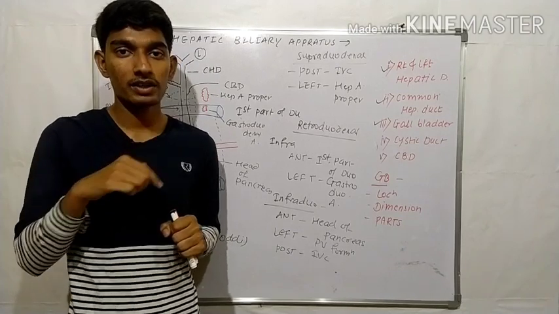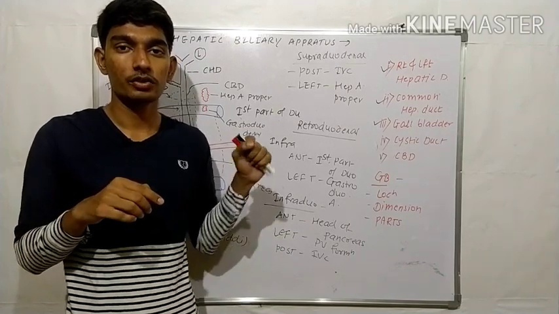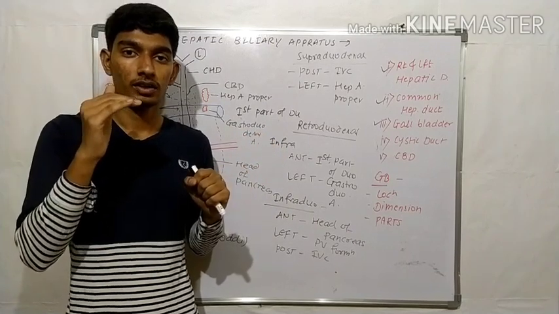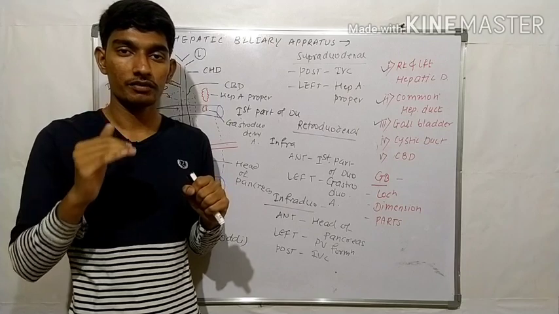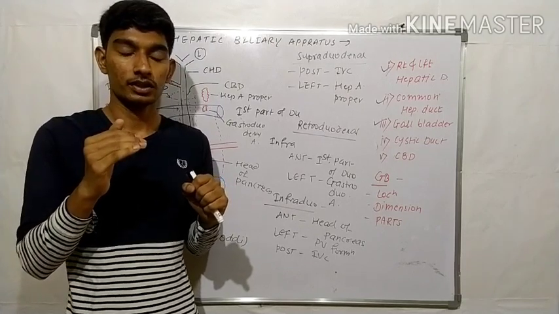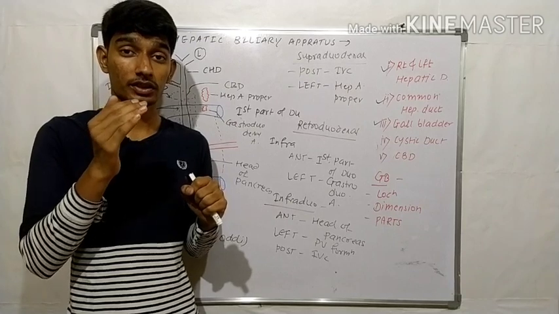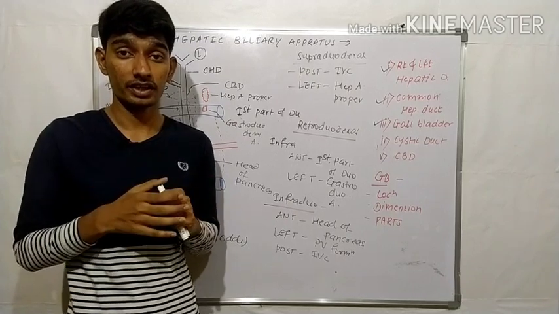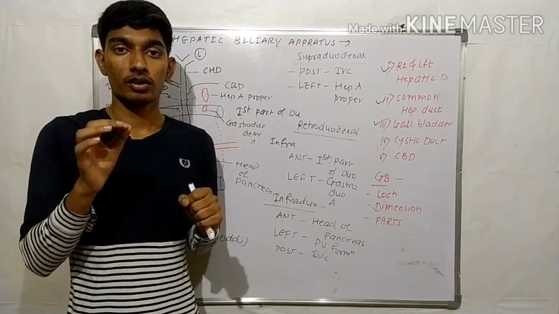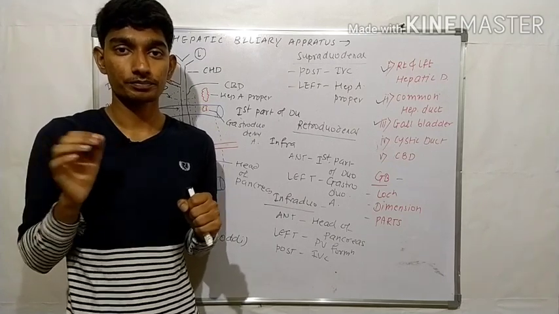Now, this common bile duct divides the first part of the duodenum into three parts: the supraduodenal part, retroduodenal part, and infraduodenal part. Supraduodenal part: posteriorly there is the inferior vena cava, and on the left side the hepatic artery proper.